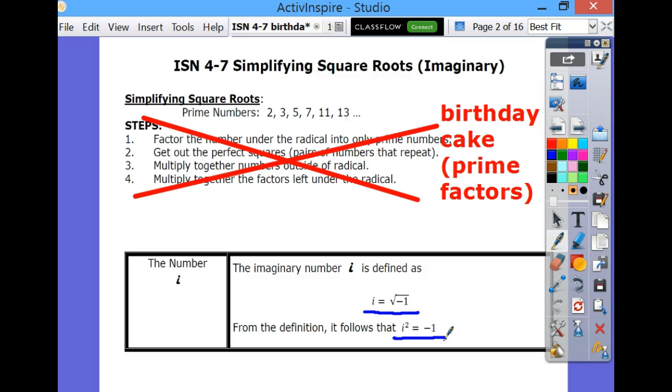And what do you remember about i squared? Never, never, never leave an i squared in an answer to a problem. You always change an i squared to a -1, and then that usually means you're going to keep on simplifying.